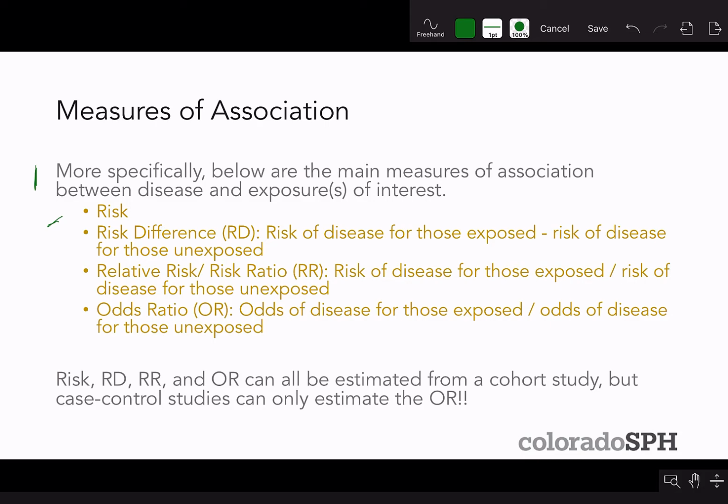Due to the design of the cohort study versus the case control, all of these measures can be estimated from a cohort study, but only the odds ratio can be estimated from a case control study. This is always important to keep in mind when you're interpreting the results from a case control study.